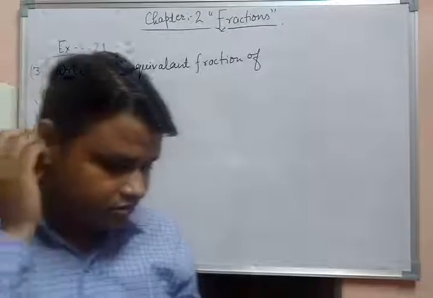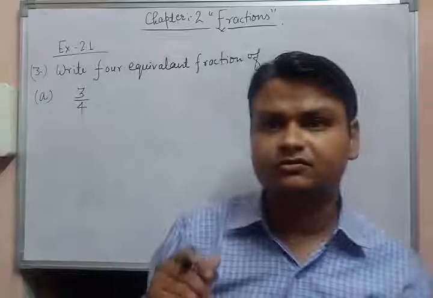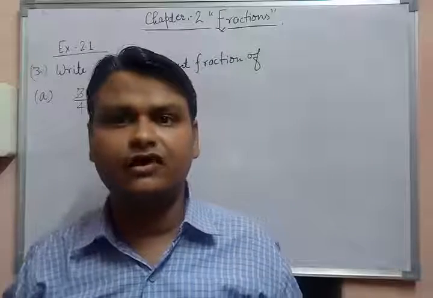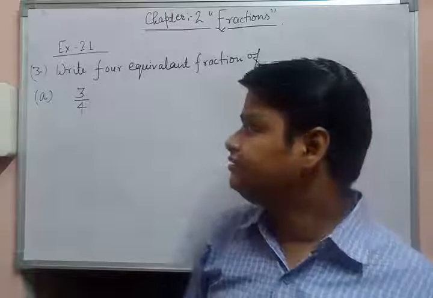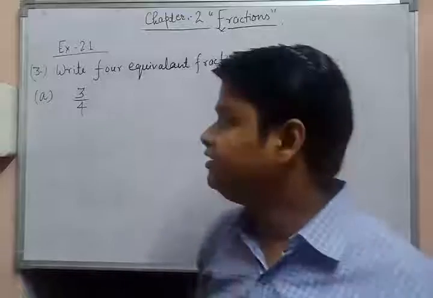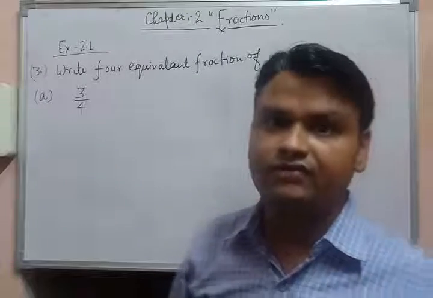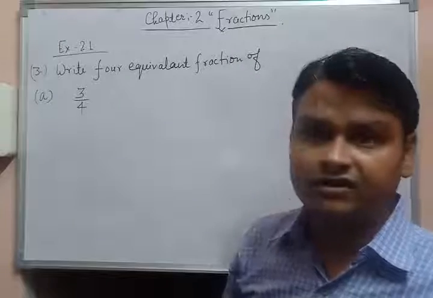So students, questions number 1 and 2, which are fill in the blanks and true false questions, I have told you in the previous video, and I hope you have finished all the questions. So moving to our next question, which is based on equivalent fraction, which I have told you earlier.